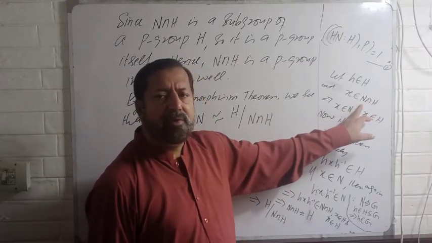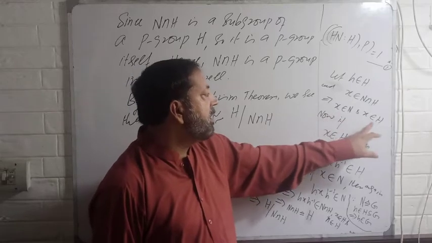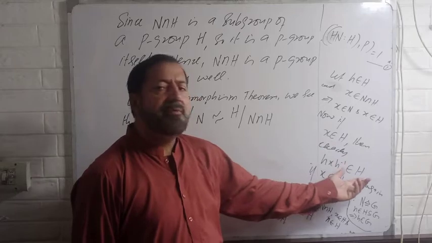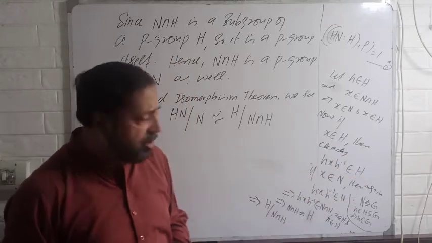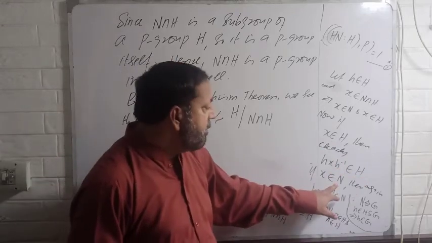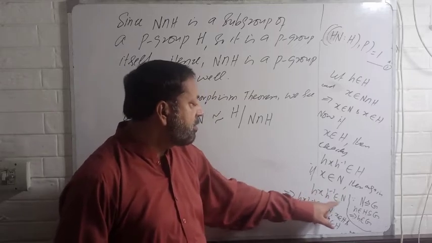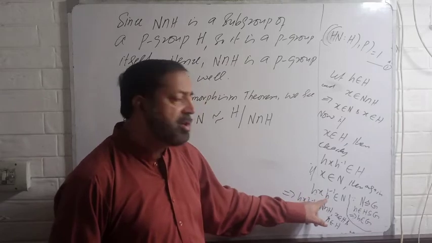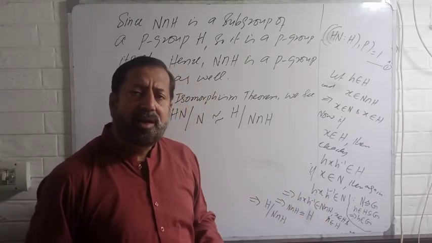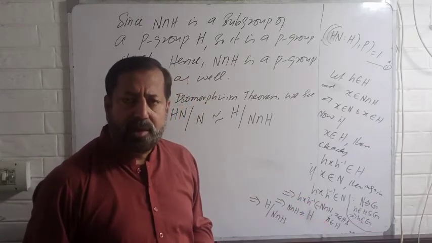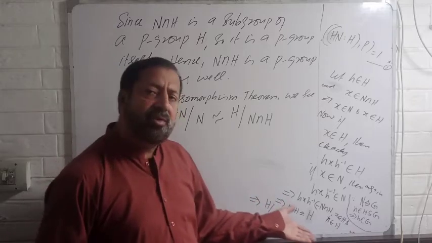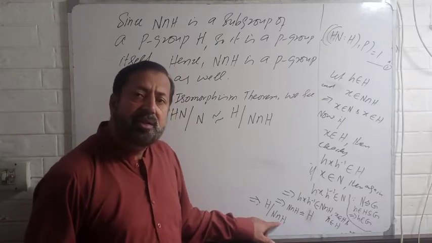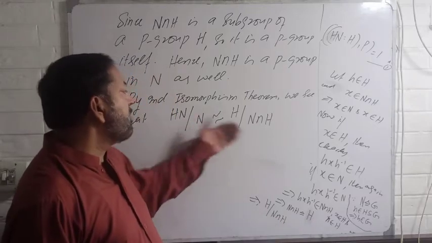Since it is an element of the intersection, of course x belongs to N and x belongs to H. Now if x belongs to H, then h x h inverse is of course trivially an element of capital H. Now if x belongs to capital N, then h x h inverse also belongs to N, since N is normal in G. So this condition is true for all elements of G and in particular for all elements of H as well. So that's why N intersection H is normal in capital H. So H by N intersection H is a factor group. So the structure is well defined.